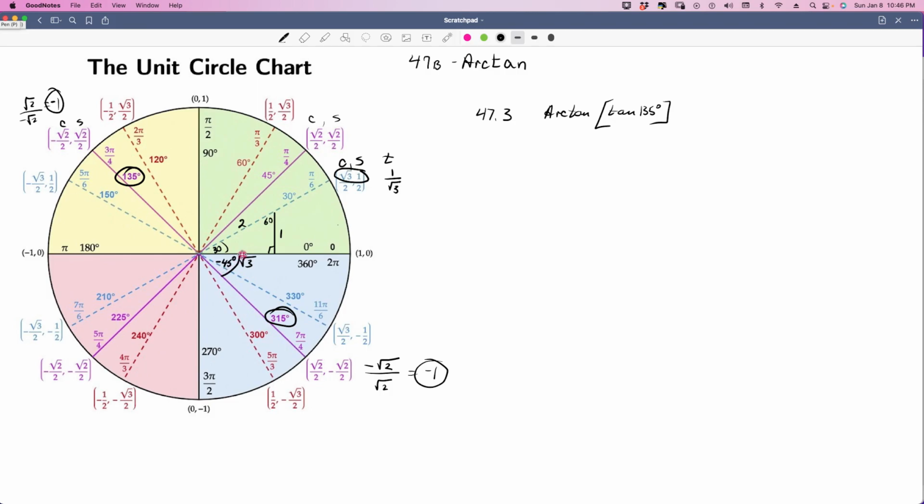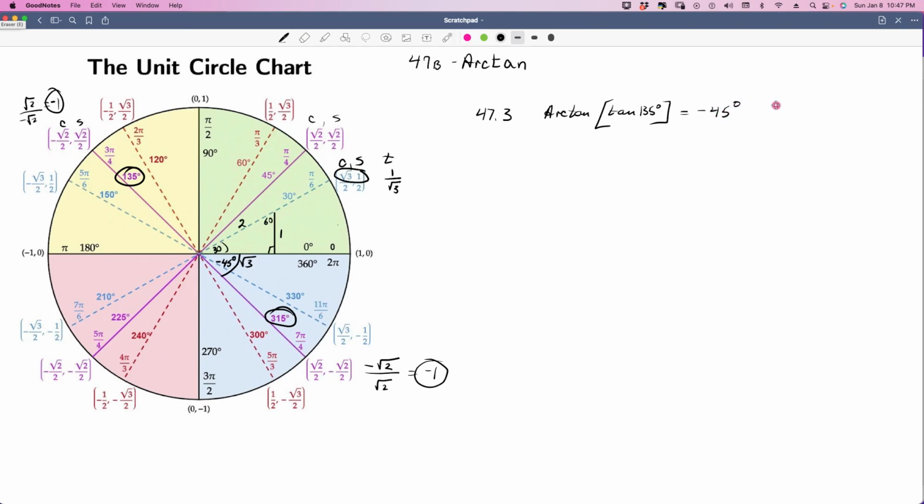We are going to measure from the initial side and measure down when we go to the fourth quadrant and make it a negative degree. So the arctan of the tangent of 135 degrees is going to be -45 degrees.